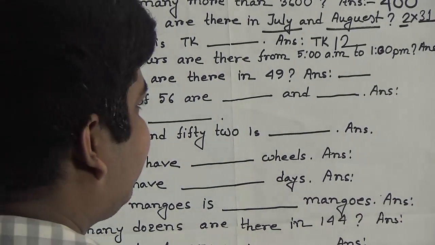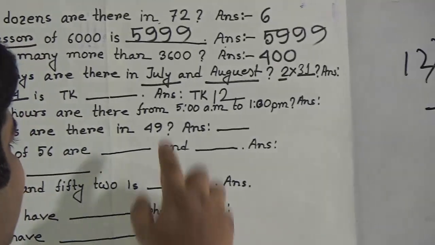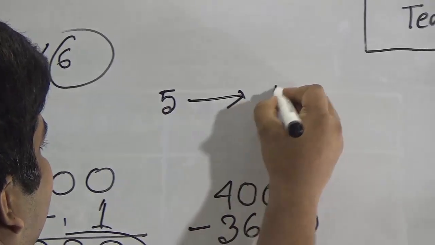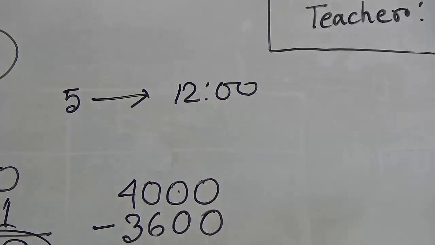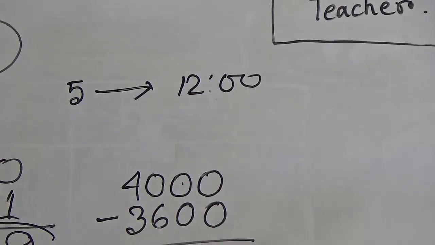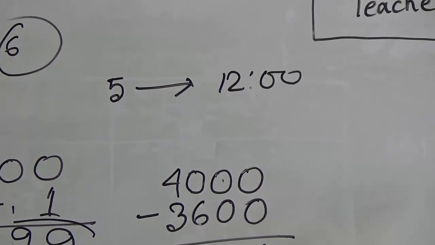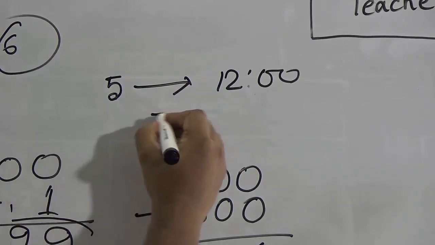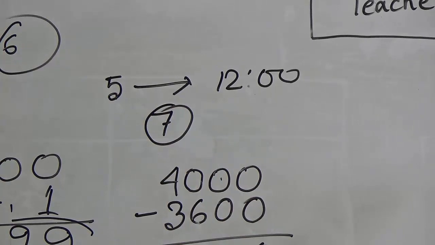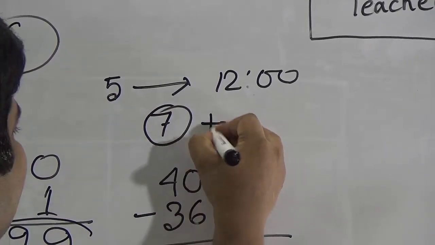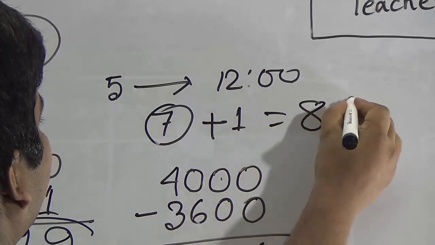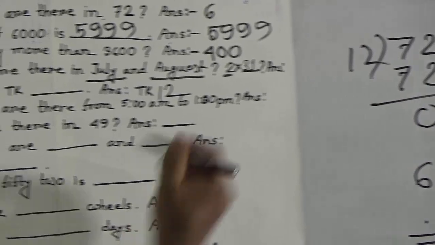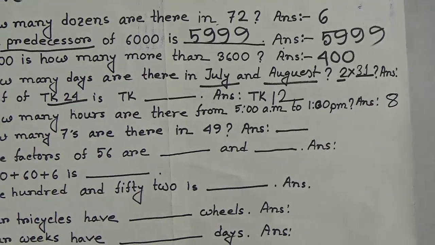At first we count 5 to 12. 5 to 12, how many hours? 5, 6, 7, 8, 9, 10, 11, 12, that is 7. And also 1 p.m. So 1 is added with this 7 and it will be 8. So 8 is the answer.